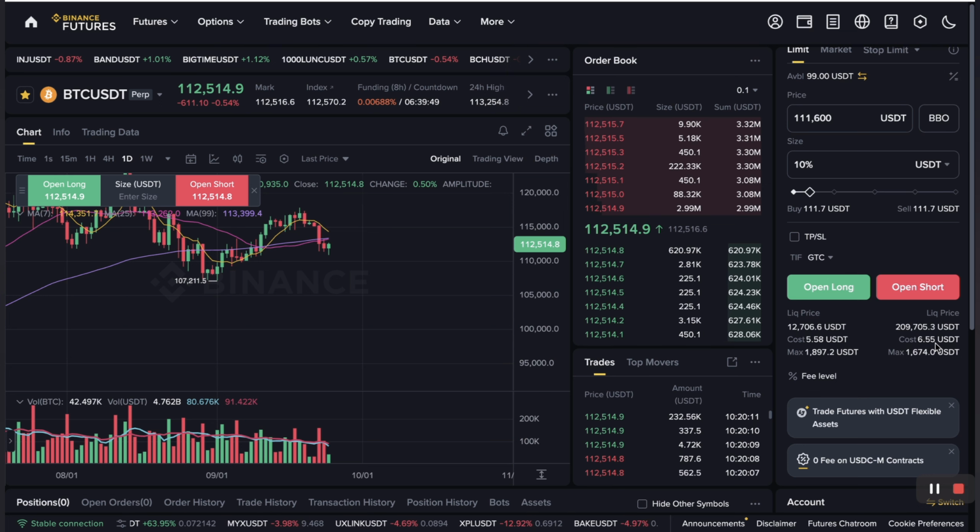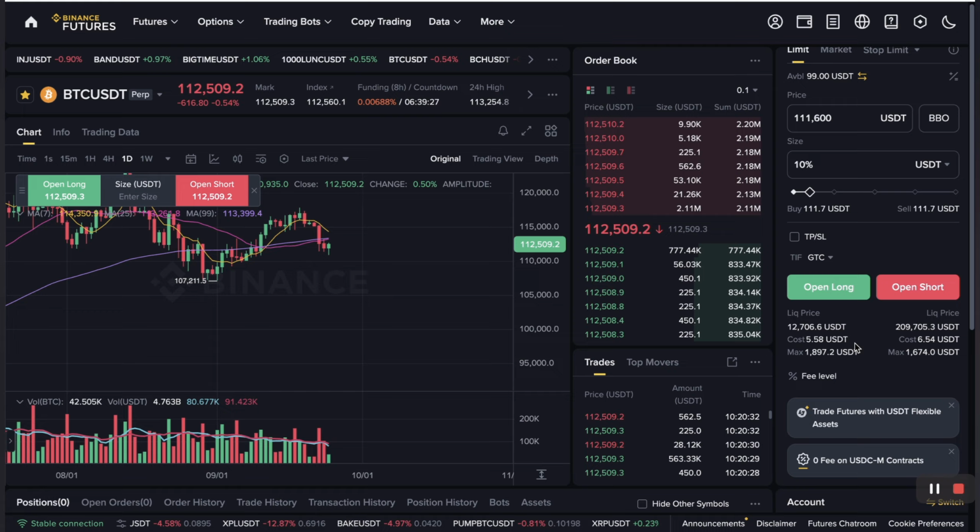You can see the cost, I'm just using $6 for me to trade on this particular trade. I'm using $6 out of my money, or I can even use 10% of my entire capital to trade on this one. So I'll just click on this open. I want to buy at 111,600.